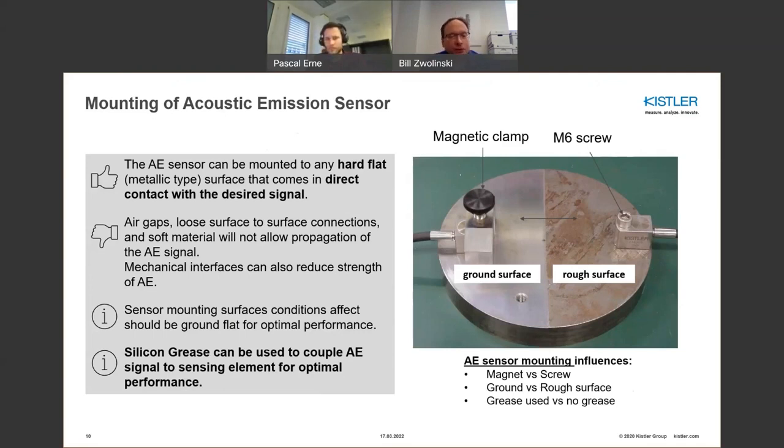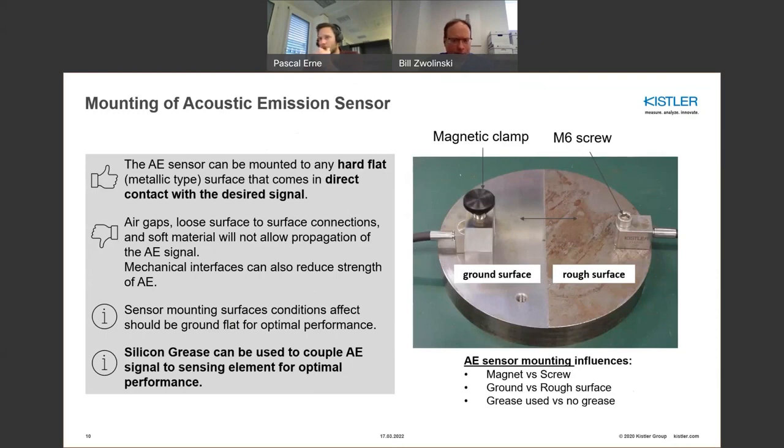The location of the sensors is important, but also the mounting surface and how you mount the sensor. So what we're going to do here is take a look at a magnet versus screw, a ground surface versus a rough surface, and grease or no grease in the mounting.